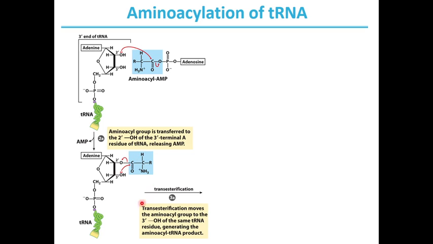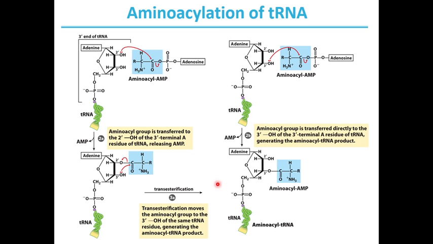Now, once this particular compound is formed, it undergoes a transesterification reaction. The transesterification reaction involves this 3' hydroxy attacking this particular carbonyl, because this is an ester, and the 2' hydroxy is then relieved. This results in the formation of aminoacyl tRNA, and in this case, the aminoacyl group is attached to the 3' hydroxy.